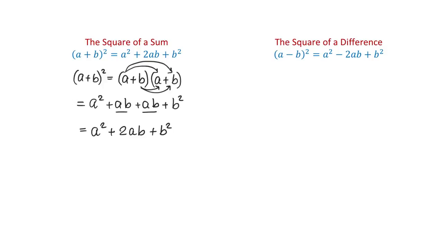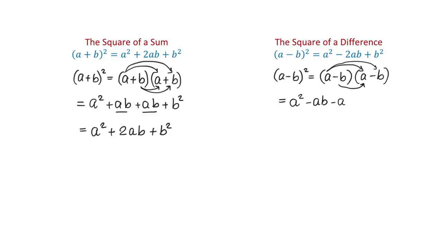Now let's do the same with the second formula. A minus b raised to the second power equals a minus b times another a minus b. Now let's use FOIL. A times a is a squared. A times negative b is negative ab, because positive times negative is negative. Next, negative b times positive a is another negative ab.